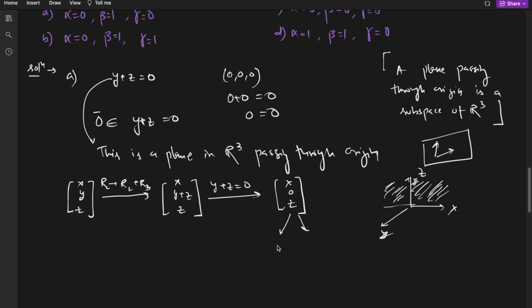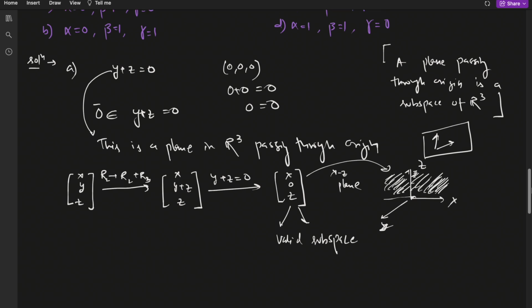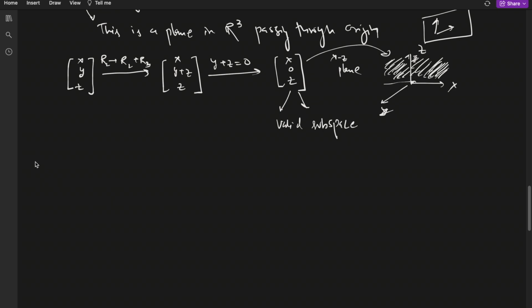So this is a valid subspace. And the origin also belongs to it, because the XZ plane contains the origin. And we can see that the XZ plane is a valid subspace, because the origin belongs to it and it is a plane, so the linear combination stays in the plane itself. All right. Now for the remaining three I will move fast because they are very similar.